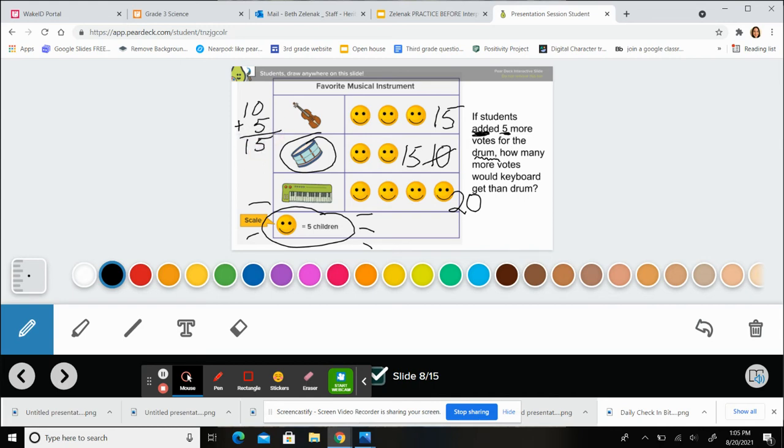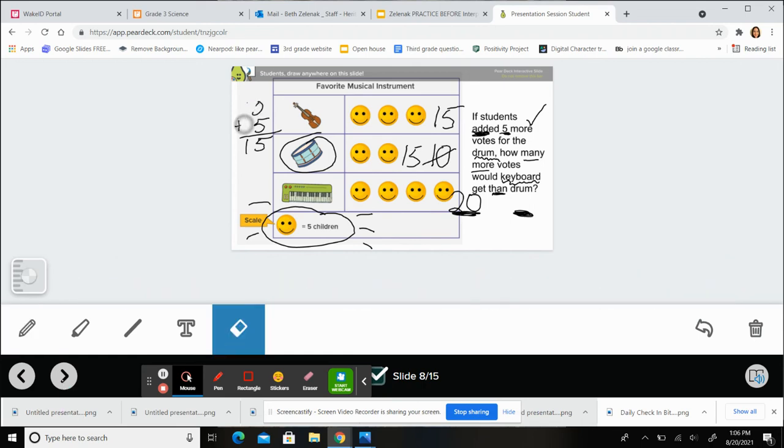Then it says, how many more votes? How many more than means I have to subtract. So I did part one, but now I have to do some subtraction here with keyboard. So I pay attention to keyboard, which is 20, and now I pay attention to my new number for drums, which is 15, and then you can stack your numbers. Let me make some space for myself.